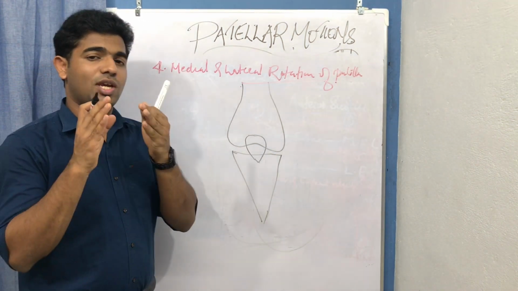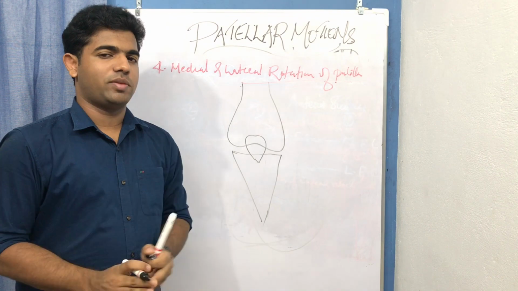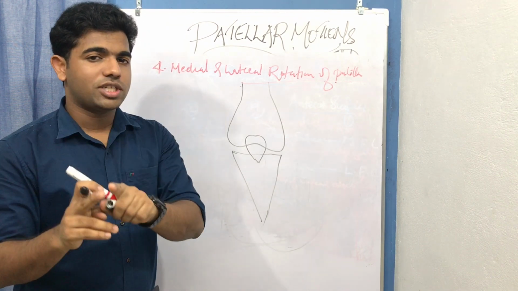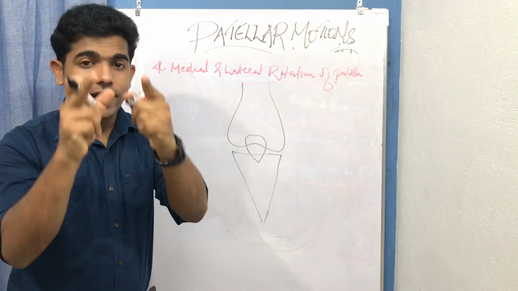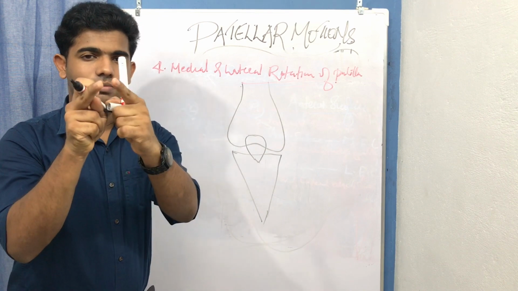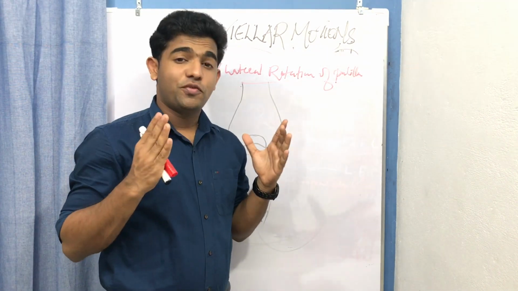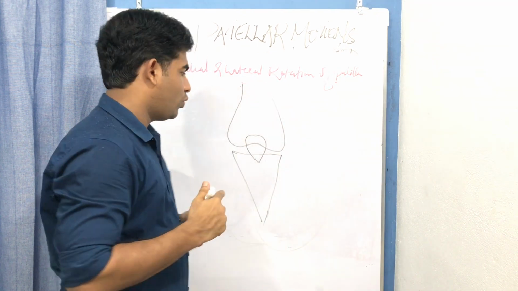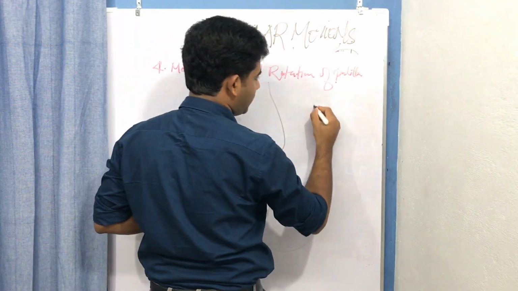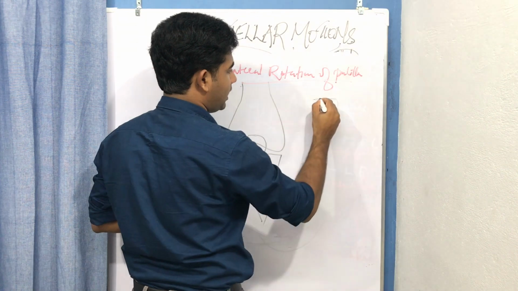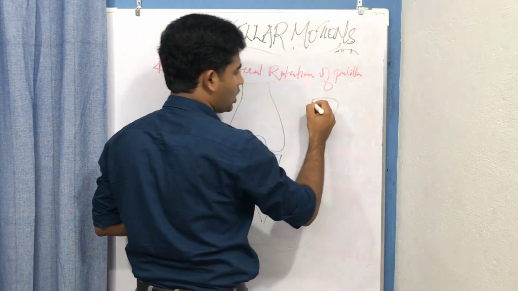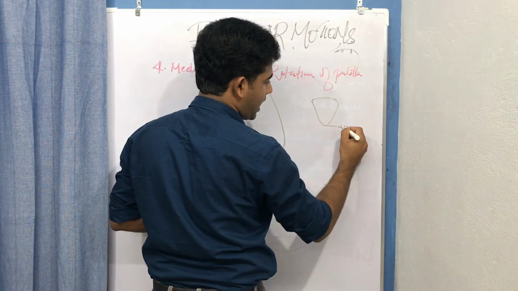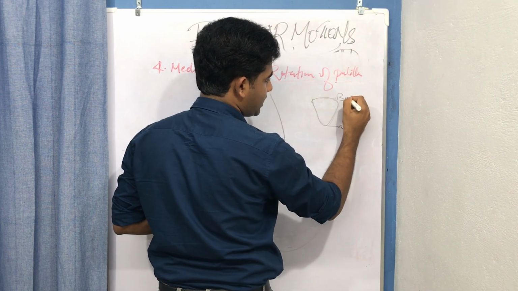Now we need to see what is medial rotation of the patella, and what is lateral rotation of the patella. Are you ready? Yes, let us do it. To define the rotation of the patella, we have the patella over here. This is its apex and this is its base.